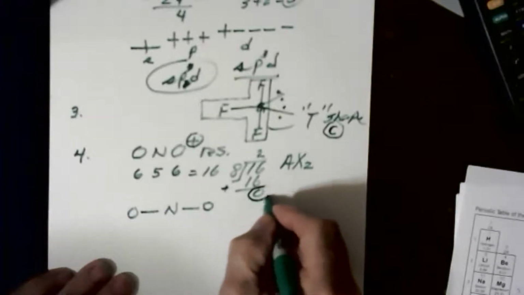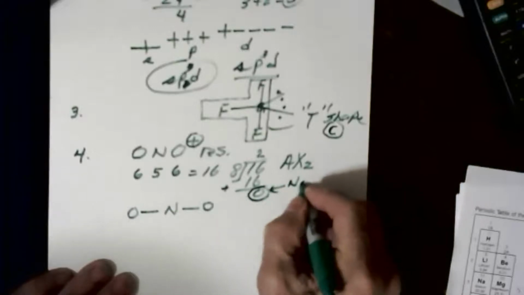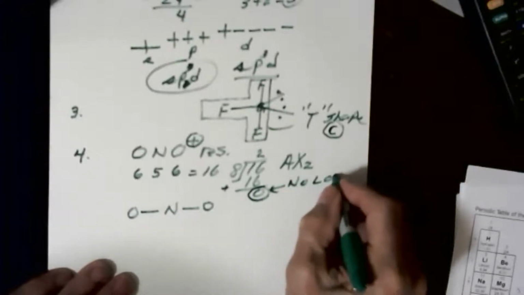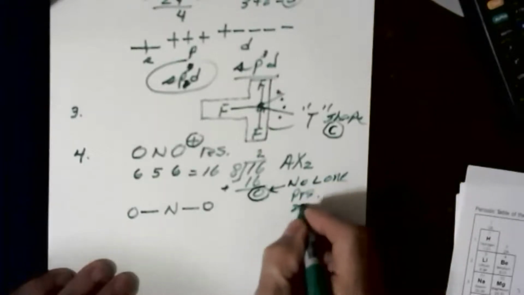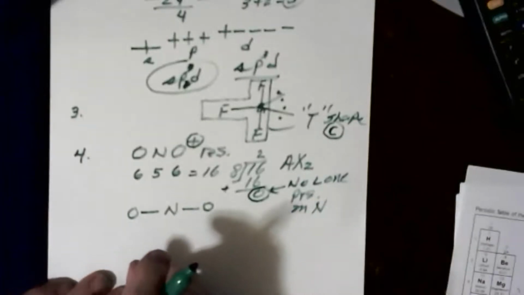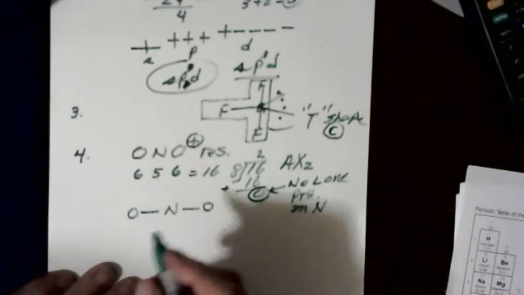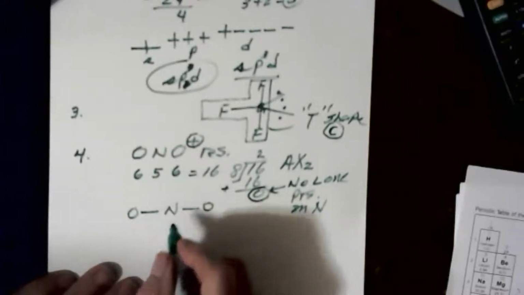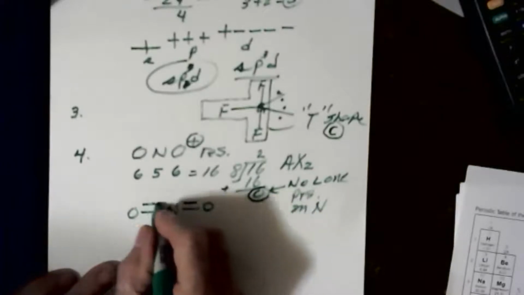When I got that 0 right there, that means no lone pairs on nitrogen. So I do not want to draw any structure that has a lone pair on nitrogen. That means I've got to create the octet on nitrogen with multiple bonds. And I can do it this way, for example.